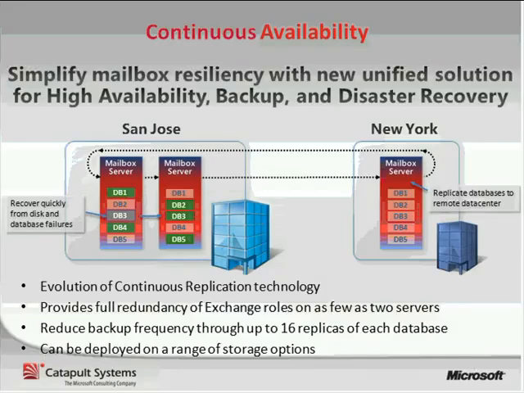However, the primary, where it's homed, is only on one server. It's not a multi-write operation, meaning you can't have users in database 1 on one server in San Jose and users on database 1 in New York. All of them would come back to the same mailbox server.